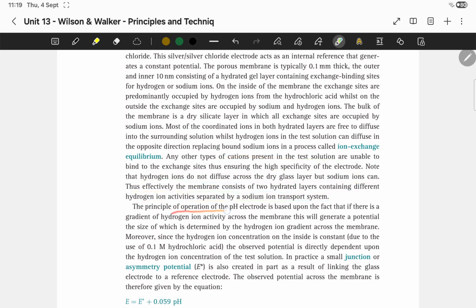The principle of operation of the pH electrode is based upon the fact that there is a gradient of hydrogen ion activity across the membrane. This will generate a potential, the size of which is determined by the hydrogen ion gradient across the membrane.